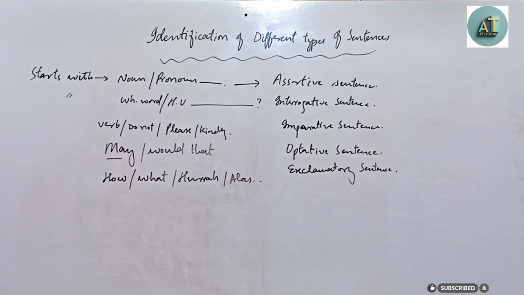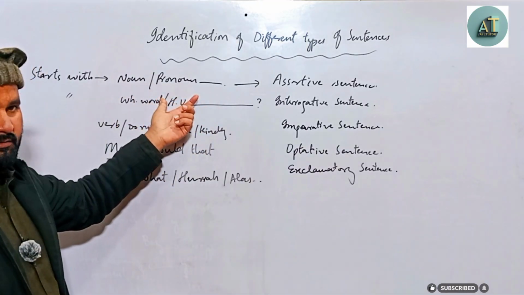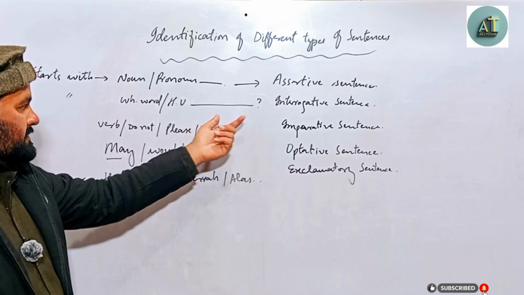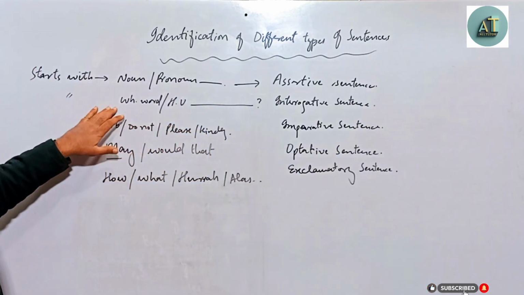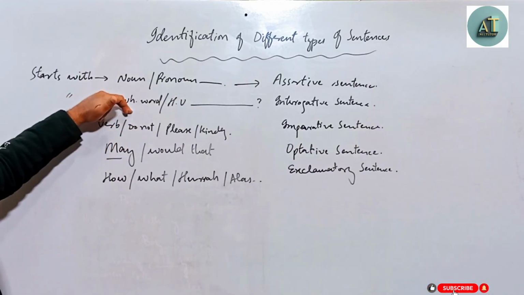I can repeat for you. If the sentence starts with any noun or pronoun, this is the type of assertive sentence. Interrogative sentences are those sentences that start with any WH word or helping verb.